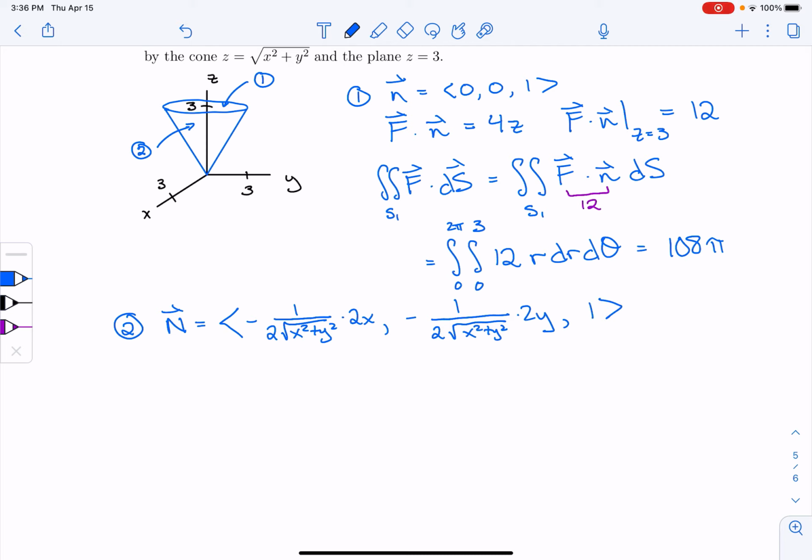But notice that this normal vector is actually pointing inward.